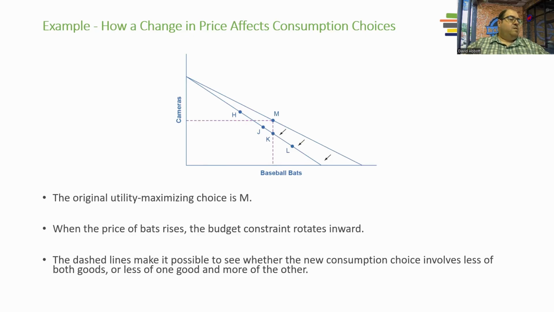Thus, a price increase for baseball bats, a good on the horizontal axis, causes the budget constraint to rotate inward, as if on a hinge at the vertical axis. As in a previous section, the point M represents the original preferred point on the original budget constraint, where Sergey had chosen after contemplating his total utility and the marginal trade-offs involved between them.